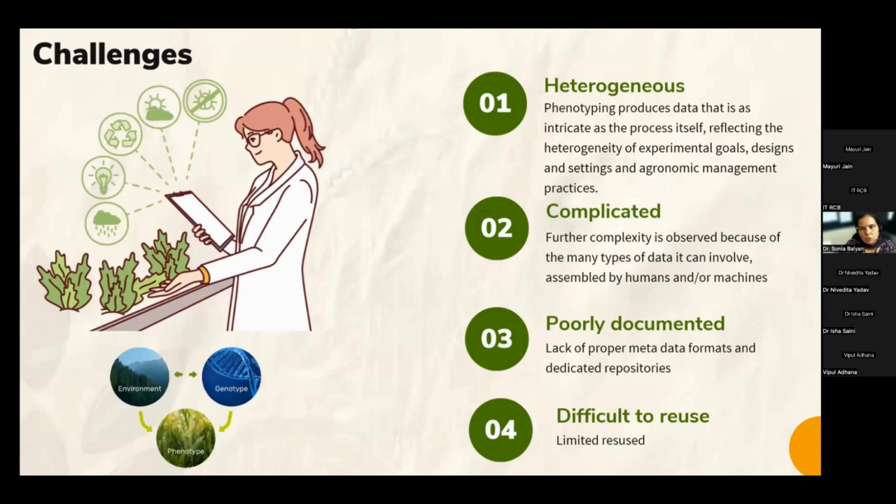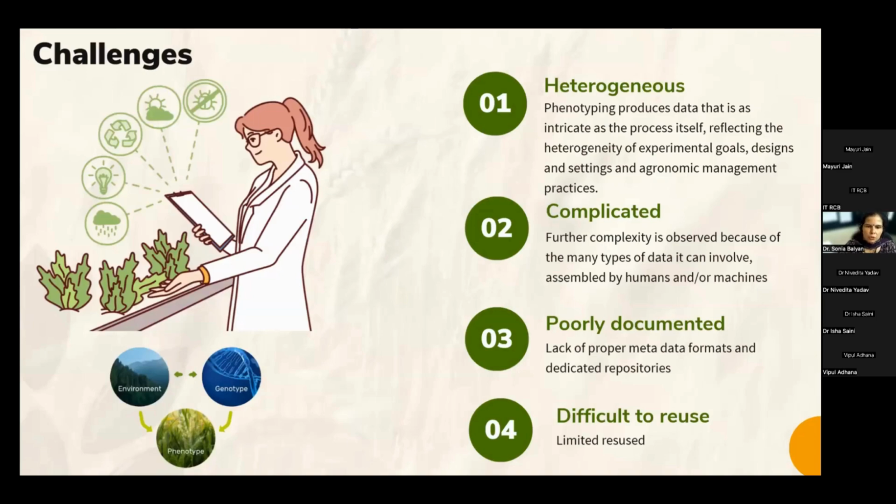Overall, the phenotype data is very heterogeneous, and it reflects that the experiment goal, design, setting and agronomic management vary a lot, making it very complex, as it is assembled by humans and machines. And due to the lack of standard or international repositories, it is very poorly documented.